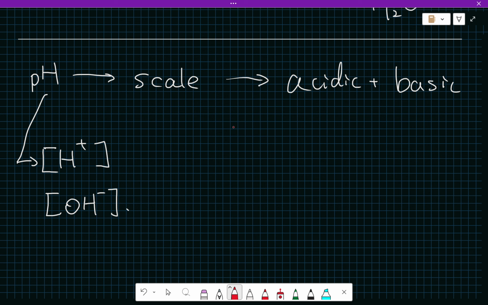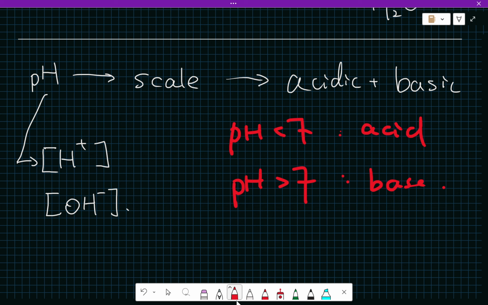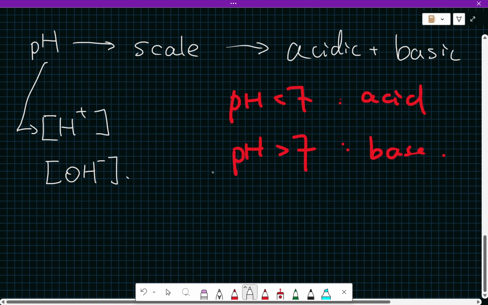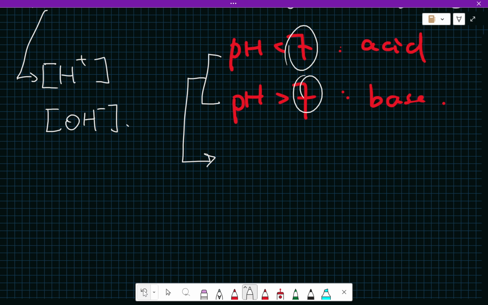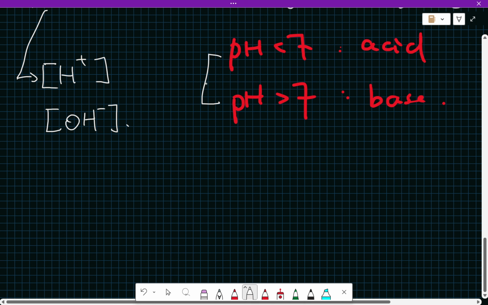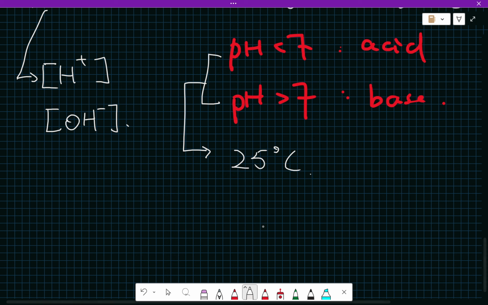And if we have a pH of less than 7, we would have an acid. And if we have a pH greater than 7, we would have a base. However, in order for this benchmark 7 to work, we must measure the pH of our solution at 25 degrees Celsius.